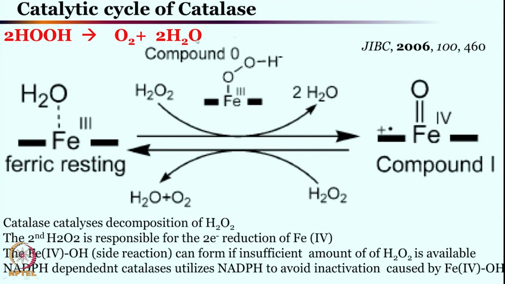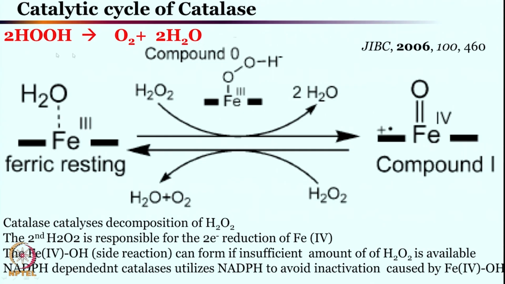But for catalase chemistry it is only the use of hydrogen peroxide, no alkyl hydroperoxide will be involved. This hydrogen peroxide will cleanly form just oxygen and water. Two equivalents of hydrogen peroxide will be converted to oxygen and water, okay.